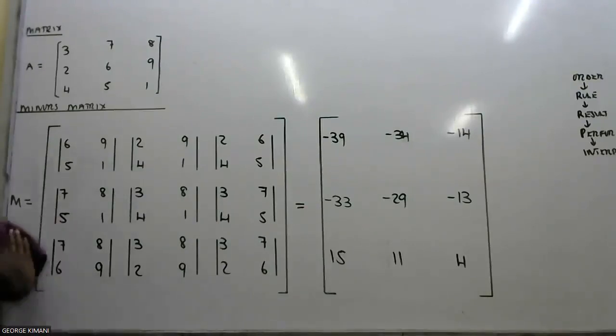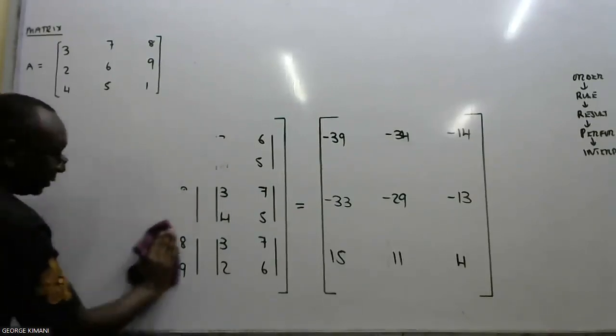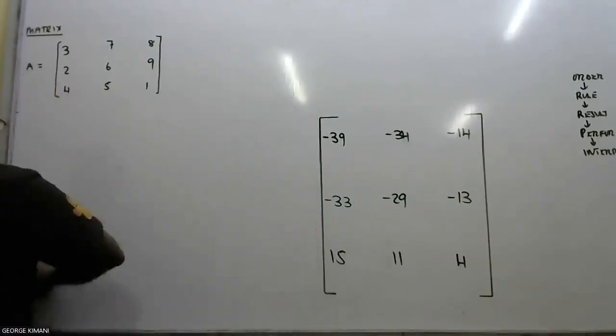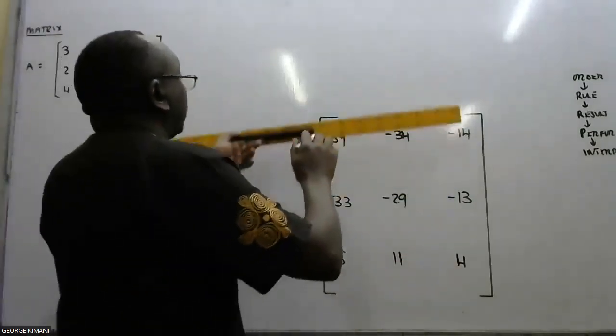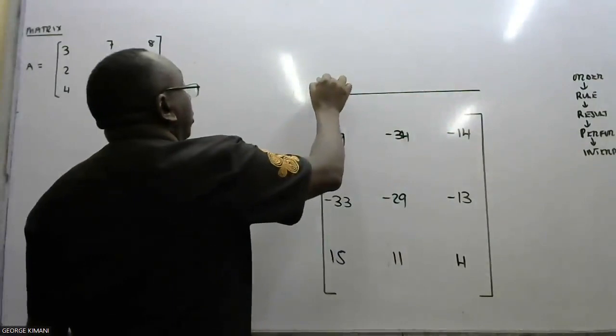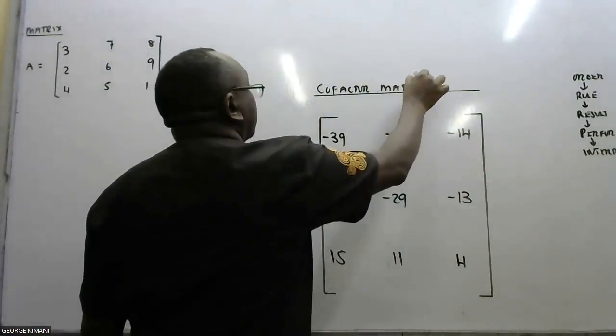The next step after the minus is called the cofactor matrix.